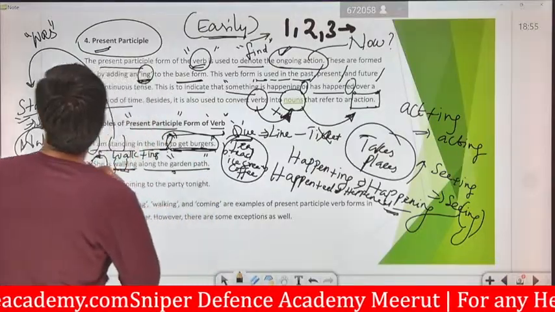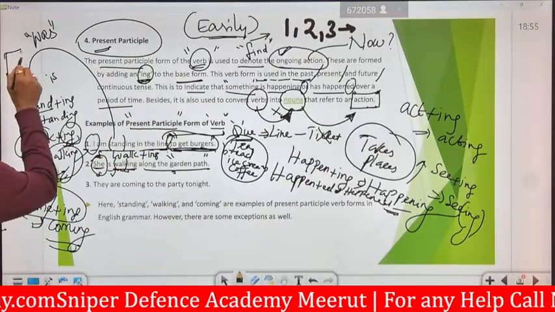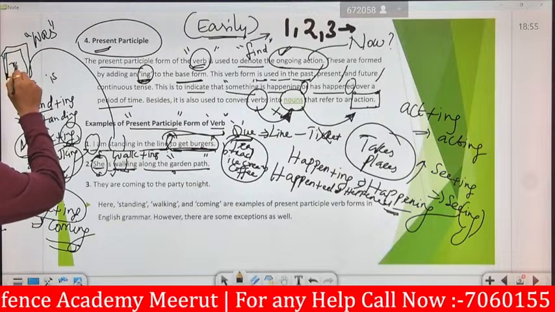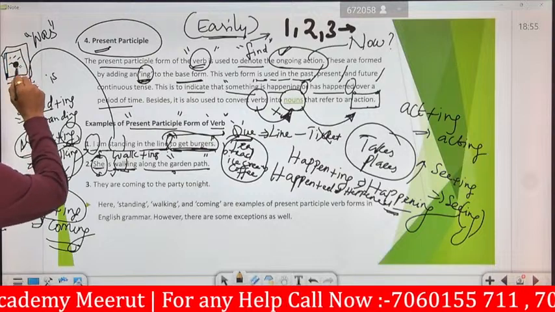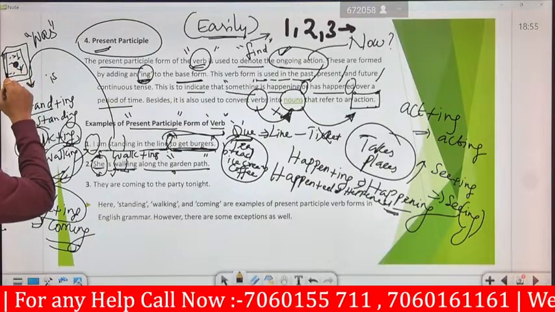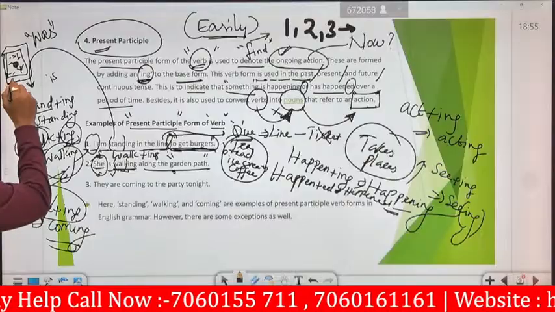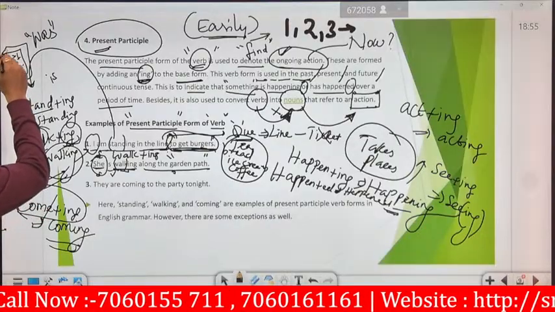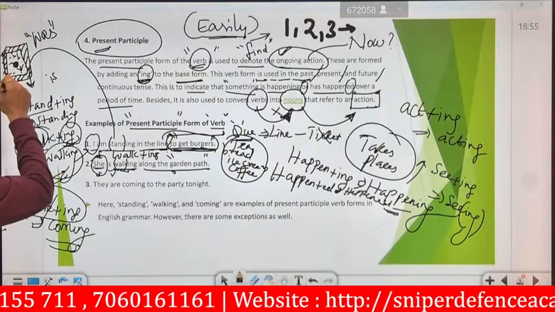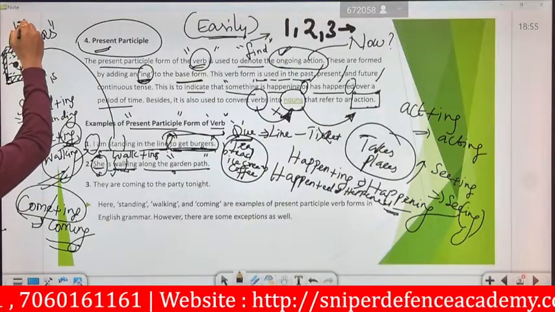So what is a garden path? Generally we know this is a garden. In every garden, in the center there is a waterfall, and some trees will be here and there. So this is the path of the garden, where we can walk. All the elders and youngers will walk on the path.